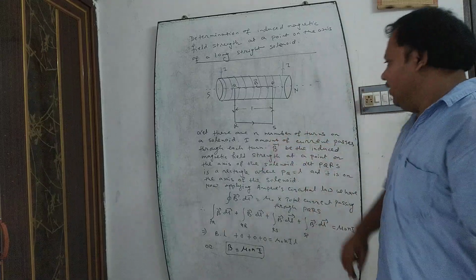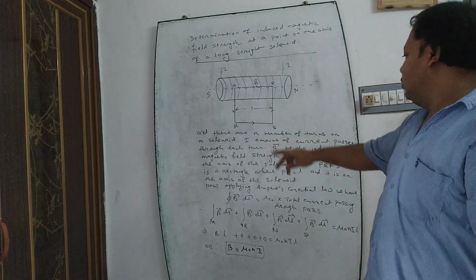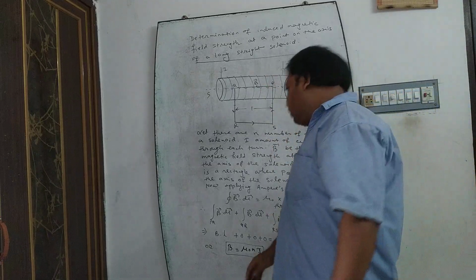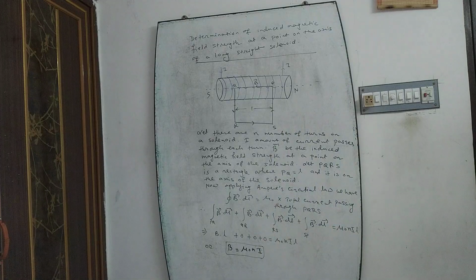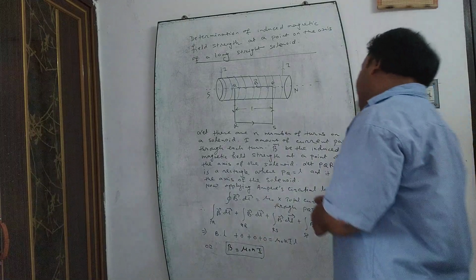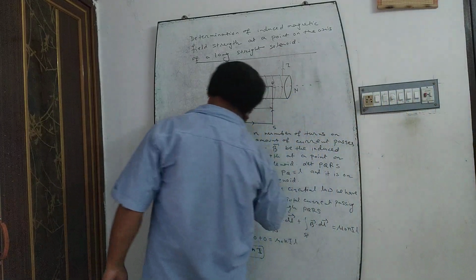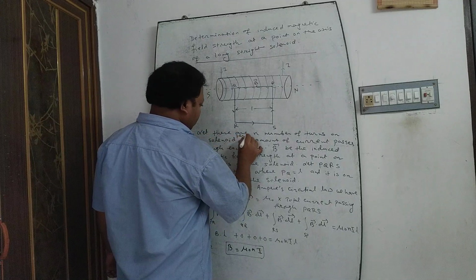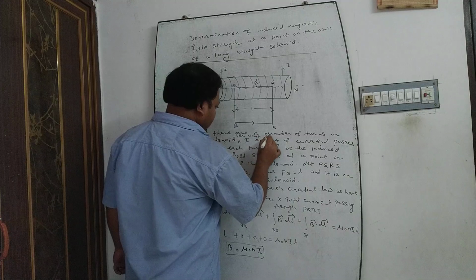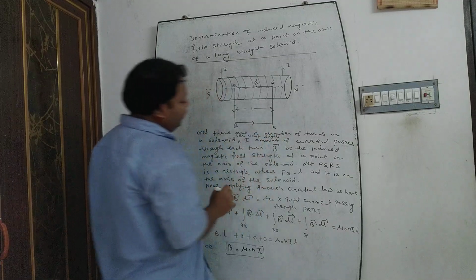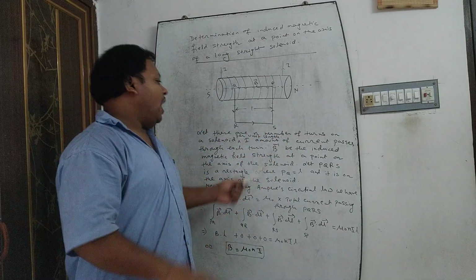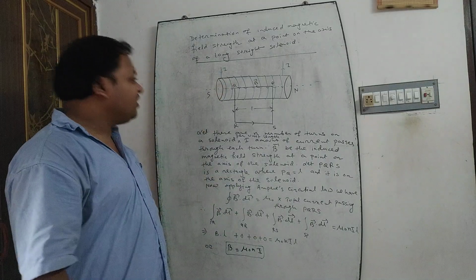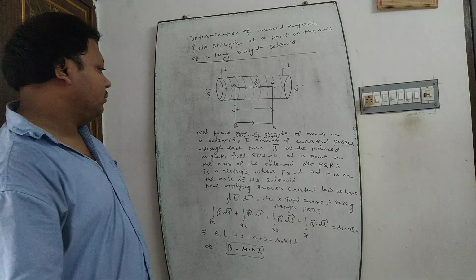Let small n be the number of turns of the solenoid per unit length. I be the amount of current that passes through each turn of the solenoid.